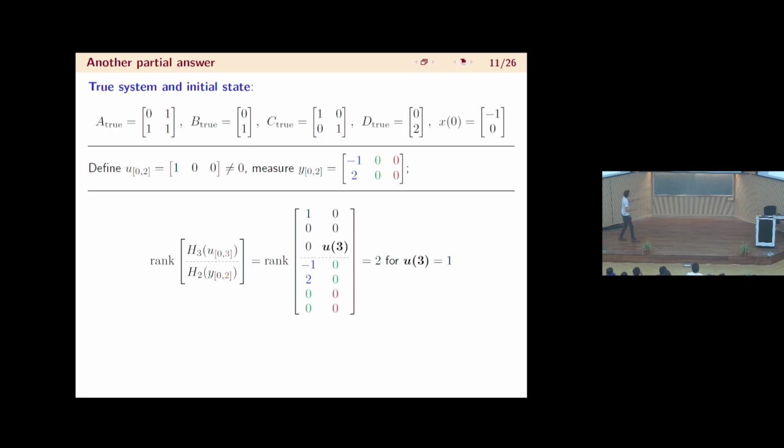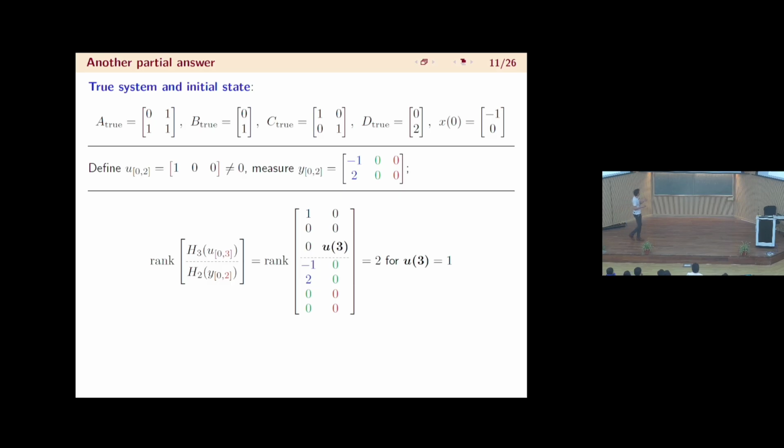Let's now add another column to this input-output Hankel matrix. So I have the input-output Hankel matrix over here. How should I choose u3 to increase the rank? Obviously, if you choose u3 non-zero, then you increase the rank, right? Then we have two linearly independent columns.